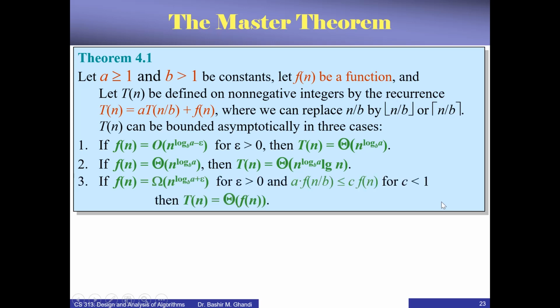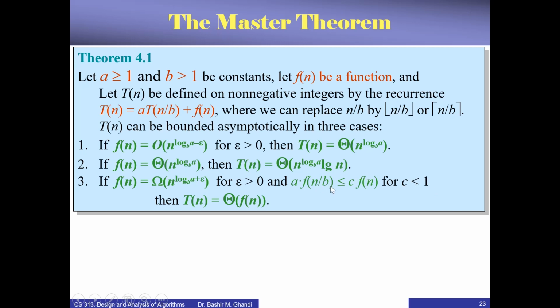And the final case, if f(n) is Ω(n^(log_b a + ε)) for some epsilon greater than 0, and so here you have to be careful, there are 2 conditions. Okay, if this is true and a·f(n/b) is less than or equal to some constant c times f(n), where c is less than 1.